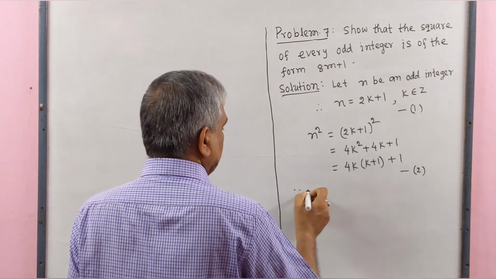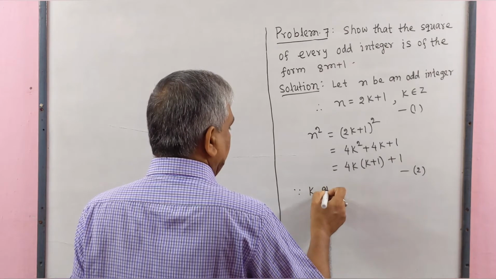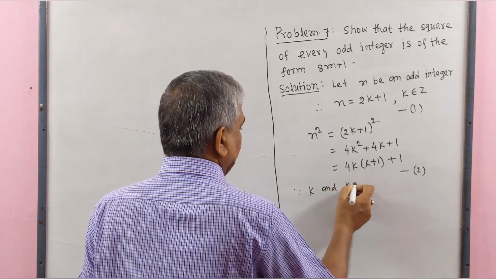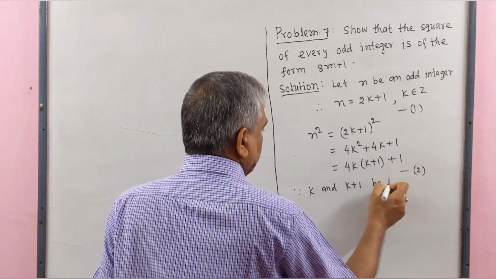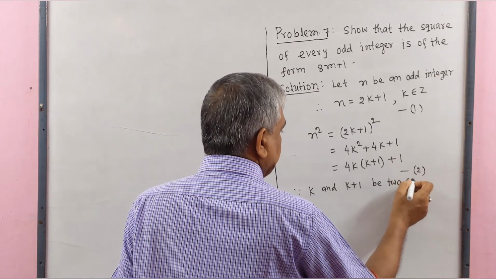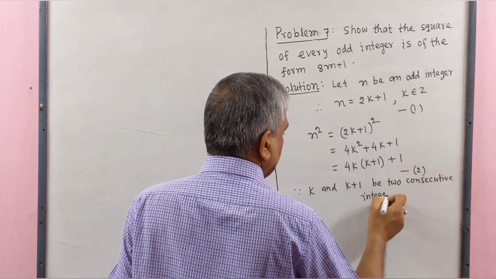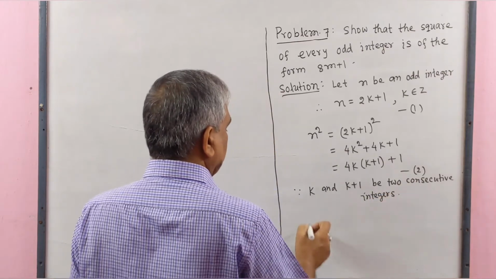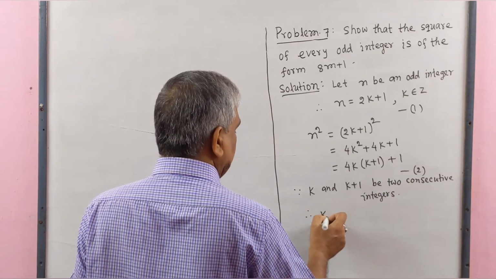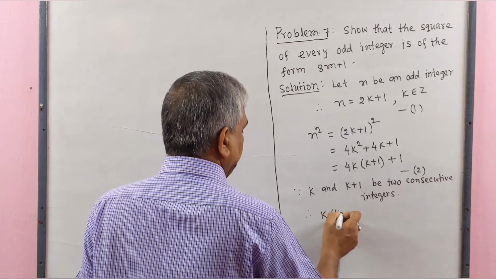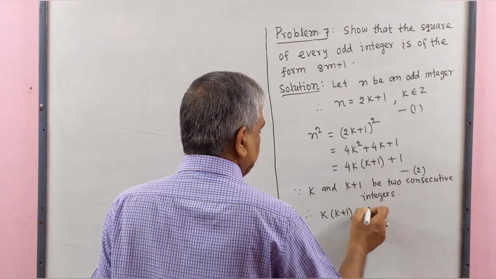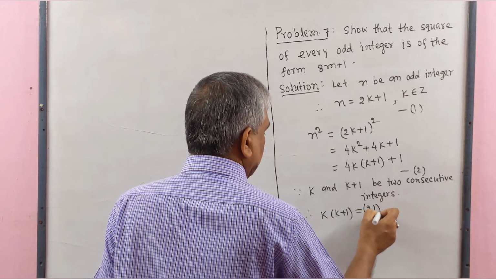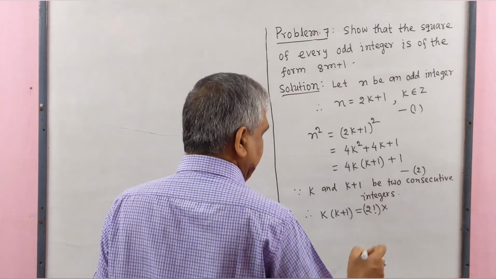Since k and k plus 1 are two consecutive integers, therefore their product k times k plus 1 equal to factorial 2 multiply an integer.